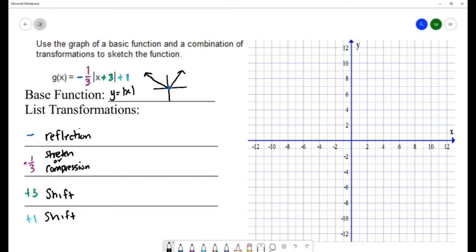So the plus 3 is going to be a horizontal shift, and the other 3 operations are outside of the absolute value and will all be vertical transformations.